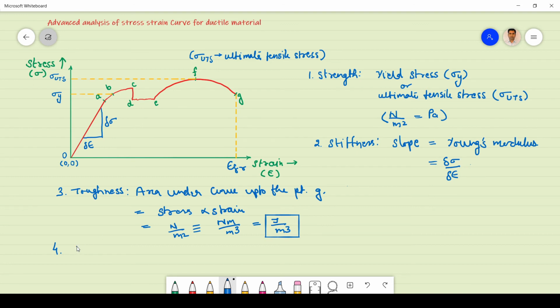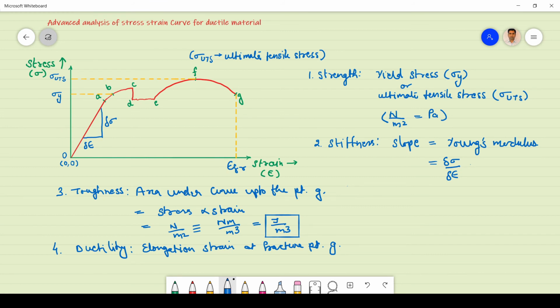And ductility, we can say it is elongation strain at fracture point, that is G.